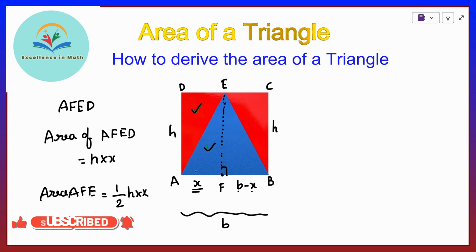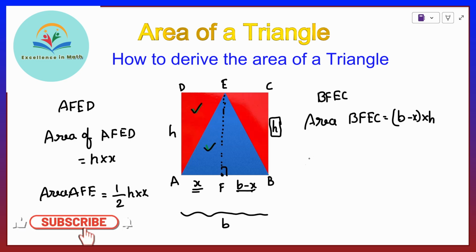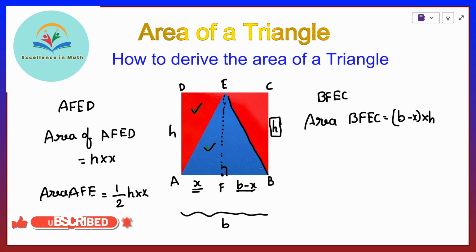Are you clear? Now let's move on to the right side. We can observe BFEC is a rectangle whose base is B minus X and the height is H. Right? So now the area of BFEC can be written as B minus X times H. Also, the diagonal BE divides the rectangle into two equal parts.